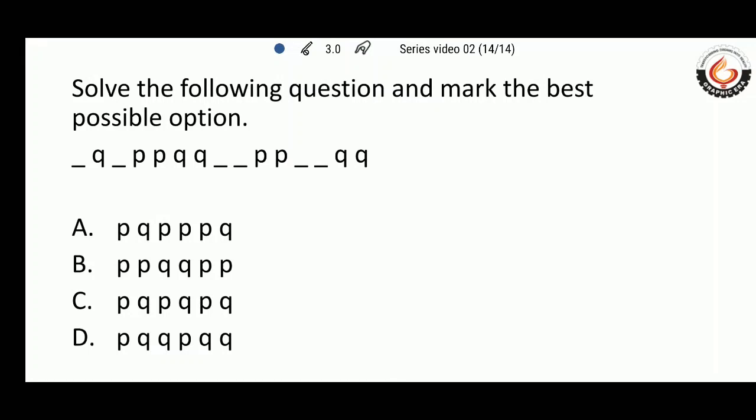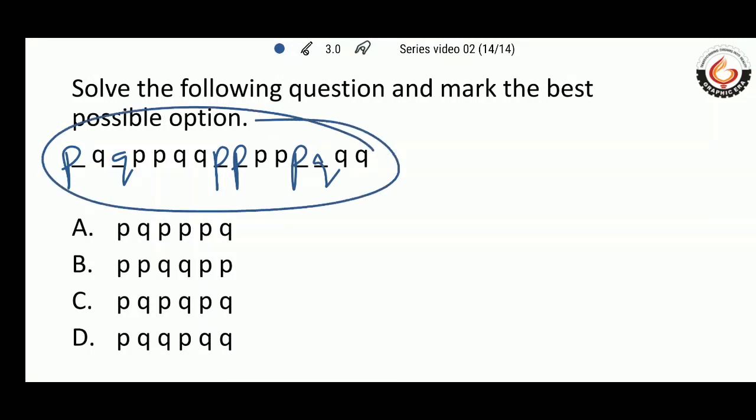For example, if it is P, Q, again Q, P, P, P, P, Q, Q, again 2P, 2Q, then 5 times P. This 5 times P is disturbing it. Let's put this one as well. What I say is, I cannot find a pattern in this one.